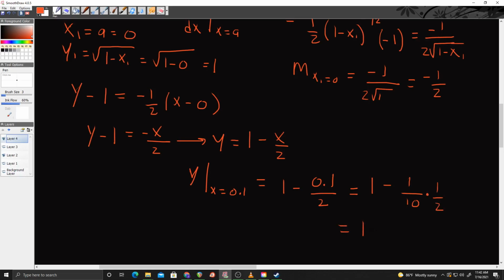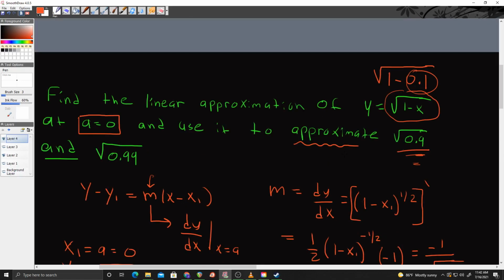So it's 1 minus 1 over 20. And if we do a common denominator, we're going to get 20 minus 1 over 20, and that's going to give us 19 over 20 as an approximation for the square root of 0.9.